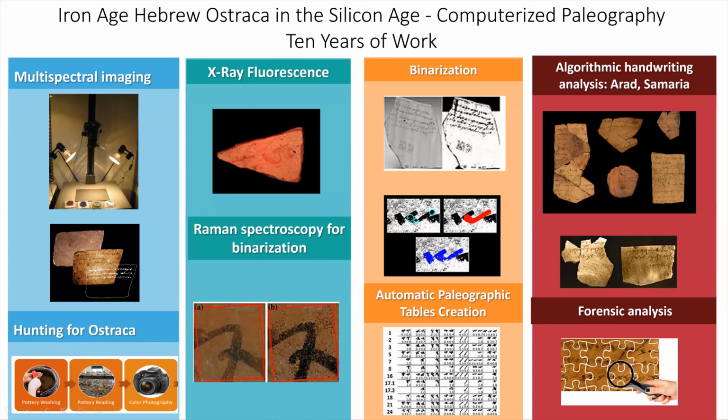And eventually, using the binarized images, the facsimiles created automatically, we were able to create automatic paleographical tables, which are usually created by hand. And last but not least, the aspect of handwriting separation, which we performed on the Arad Corpus and Samaria.